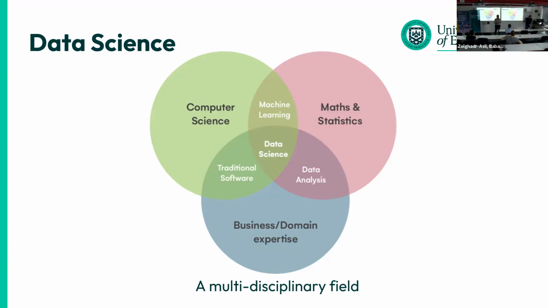And for example, if you want to develop a software, a traditional software, we have to have both disciplines from computer science and domain expertise, business expertise. But data science is about all these three realms: computer science, domain expertise, and maths and statistics.